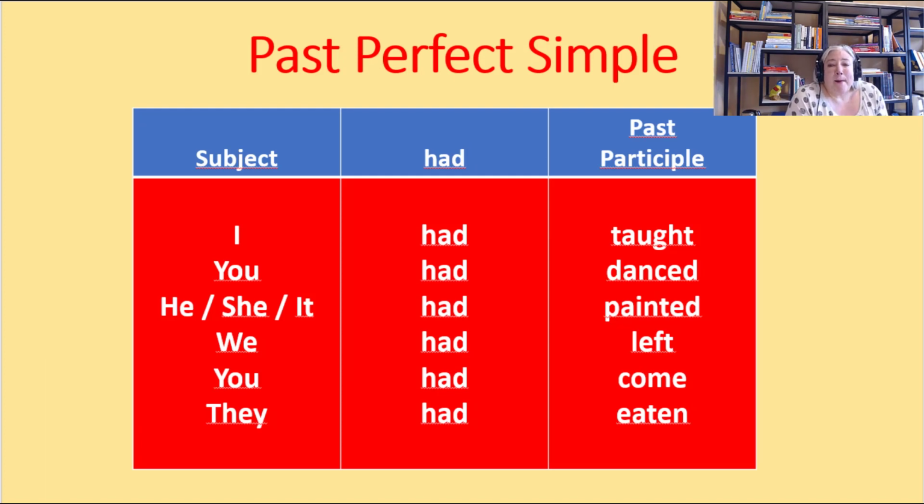Okay, here's the form. We have subject, had, and past participle. I had taught, you had danced, he, she, it had painted, we had laughed, you had come, they had eaten.